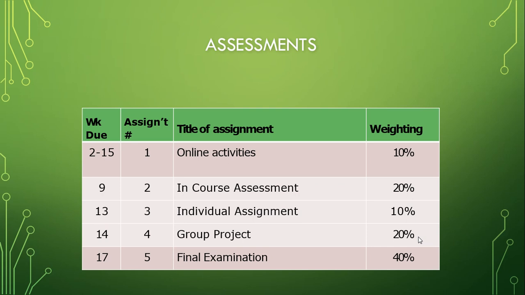Week 9, which would be one of your face-to-face assessments, we are going to be doing our in-course assessment. That would be 20% of your final grade. In week 13, there will also be an individual assignment with 10% of your final grade. And of course, the group project, which will be worth 20% of your final grade.